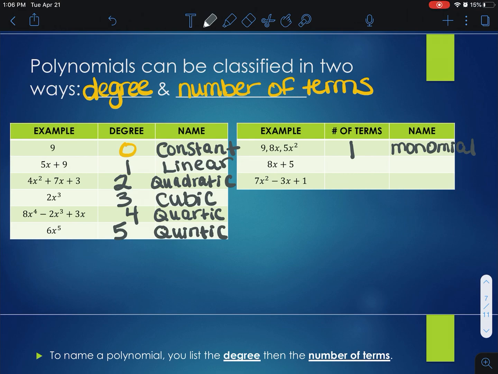In the second example, 8x plus 5, there are 2 terms, which is a binomial. And in number 3, 7x squared minus 3x plus 1, there are 3 terms, and that is a trinomial. So this chart is very important. You're going to use that, so make sure you have that down.